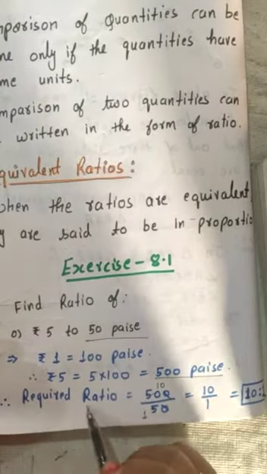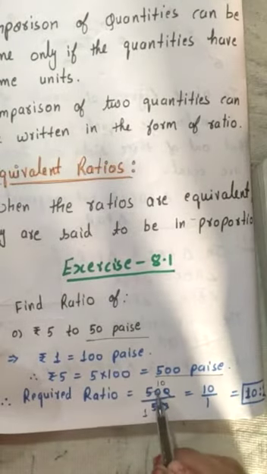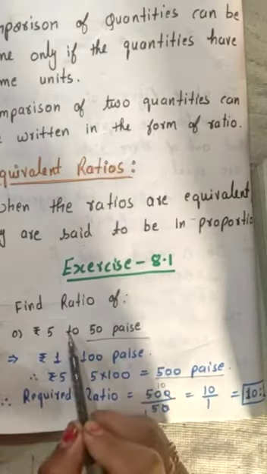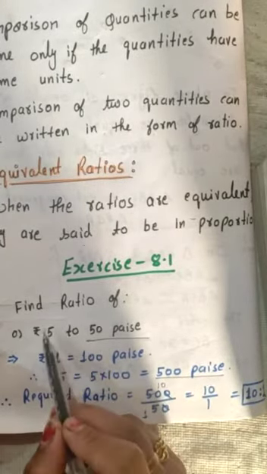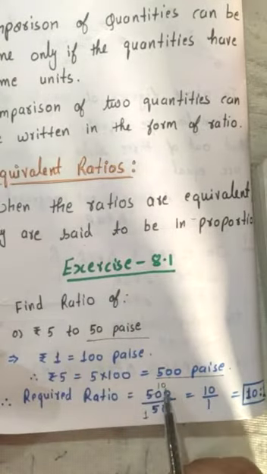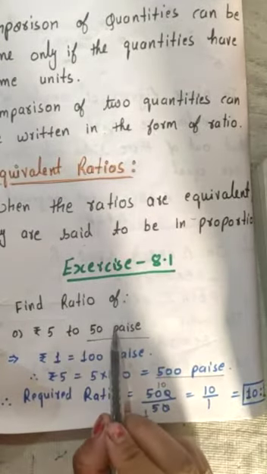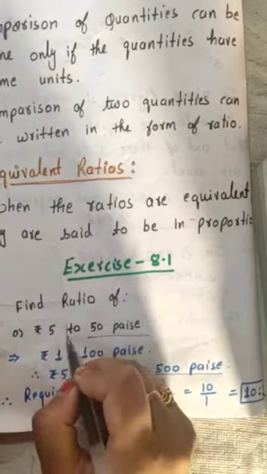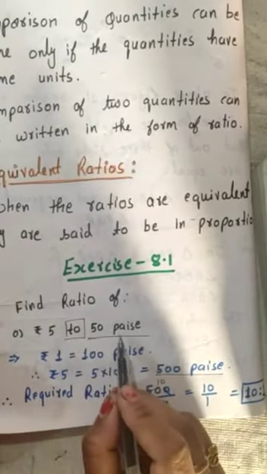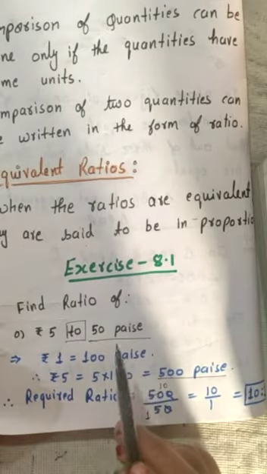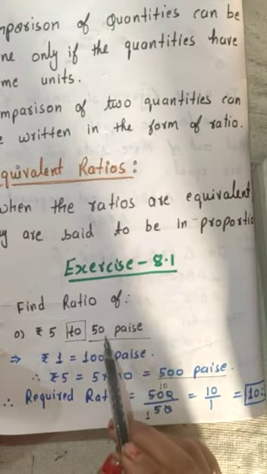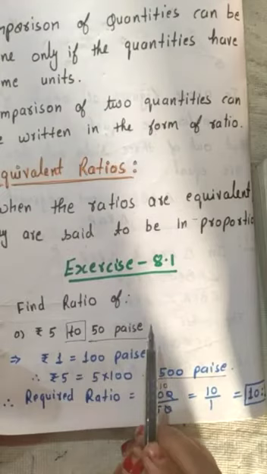The required ratio is 500, and always remember: the quantity given before the word 'to' is written in the numerator, and the quantity given after the word 'to' is written in the denominator. This is very important. You cannot write the quantities in any order.